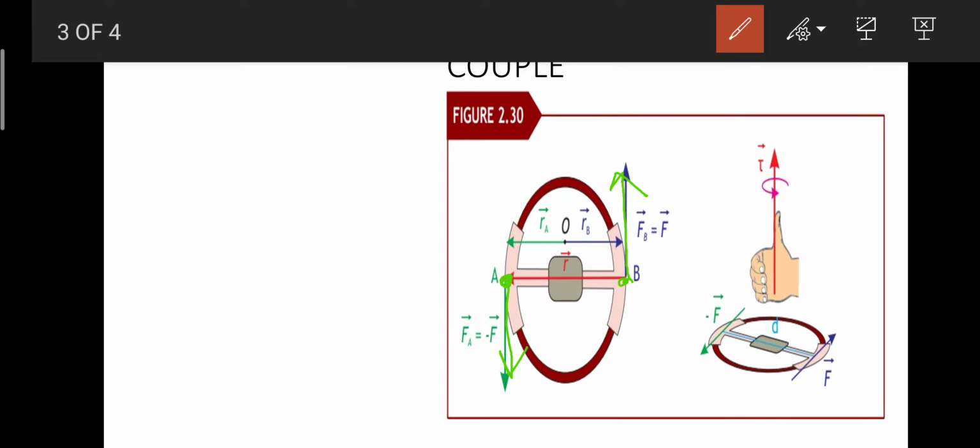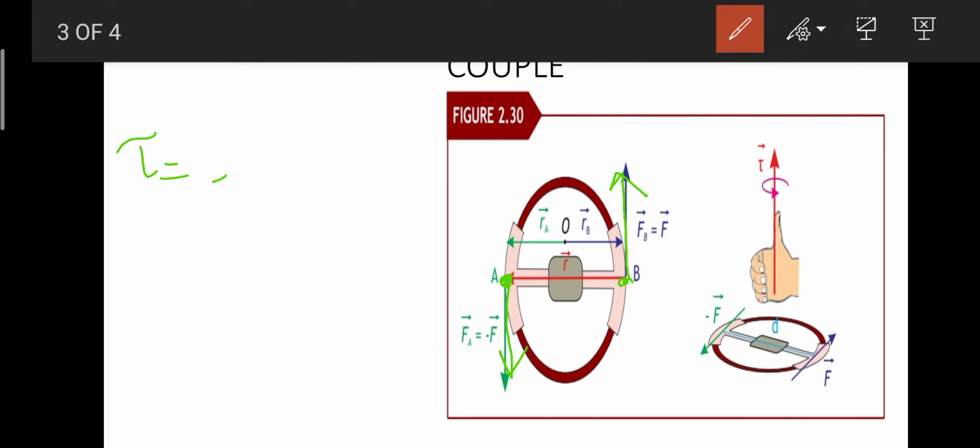And the torque in this case would be equal to the couple arm into the force, right?